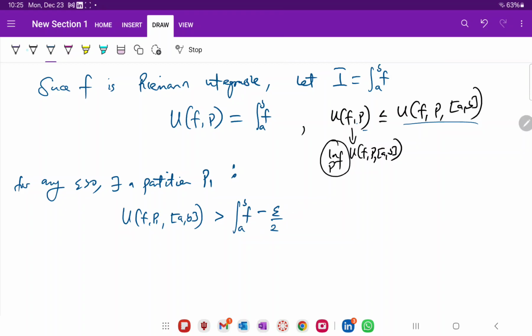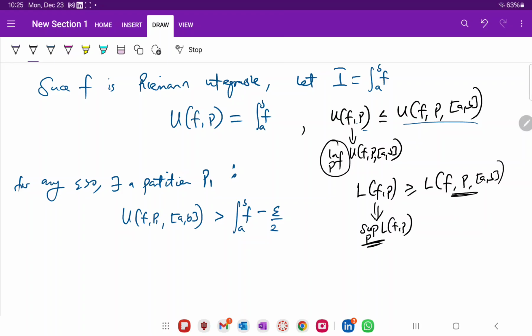Similarly, we also have this fact that the lower Riemann integral is greater than the lower Riemann sum. Why? This is also by the properties of supremum, because this deals with the sup over P of L(f, P). So the supremum will make this greater than this. Sorry, this is the supremum of the lower Riemann sum. Then with that, we have that fact.